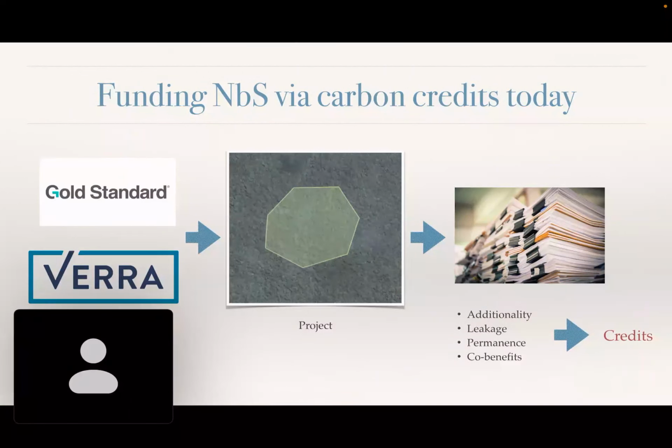And so organizations such as Gold Standard and Verra, which are companies, will create reams of paperwork to attest that these projects have things like additionality, leakage, governance, co-benefits, which you've heard about from Tom, and they issue credits, right? And so I'm going to briefly talk about these three or four things.